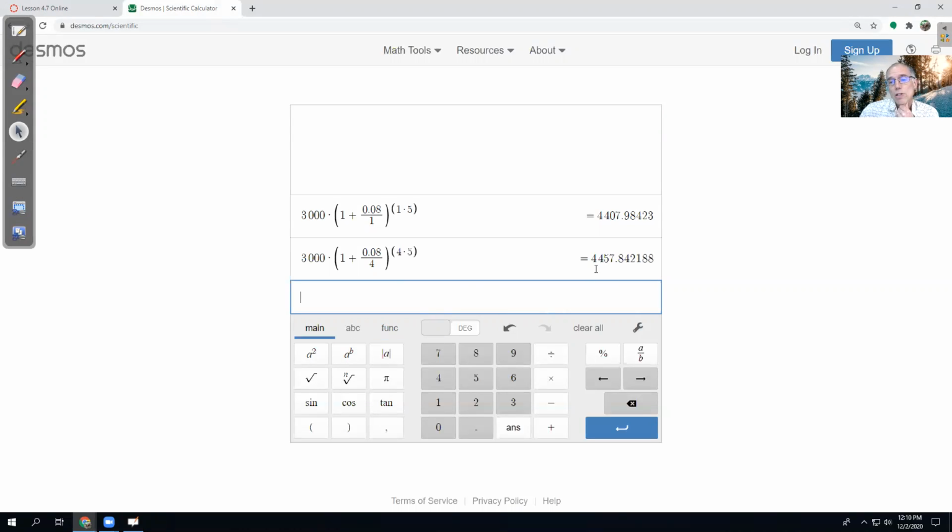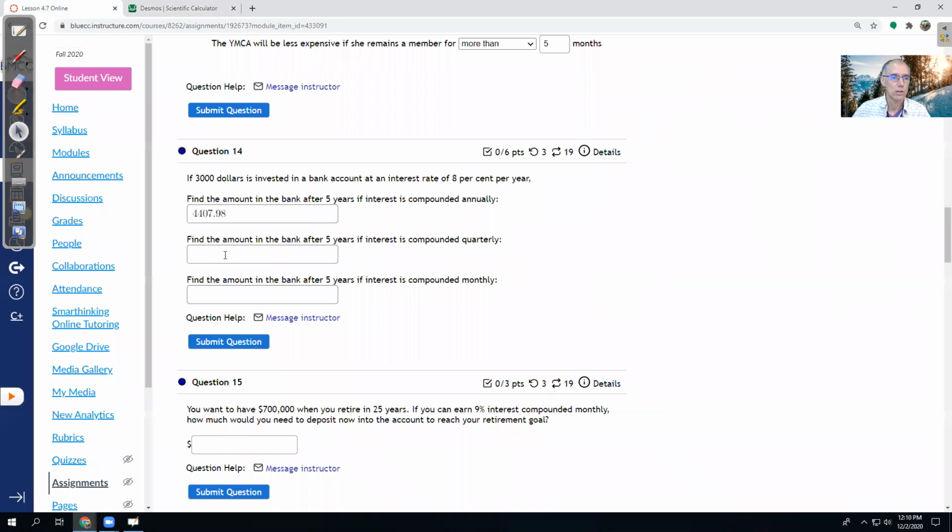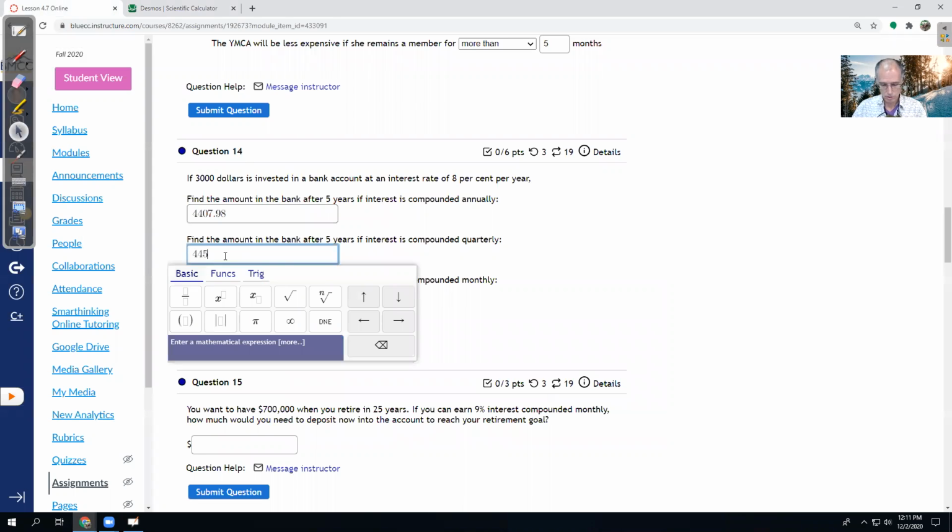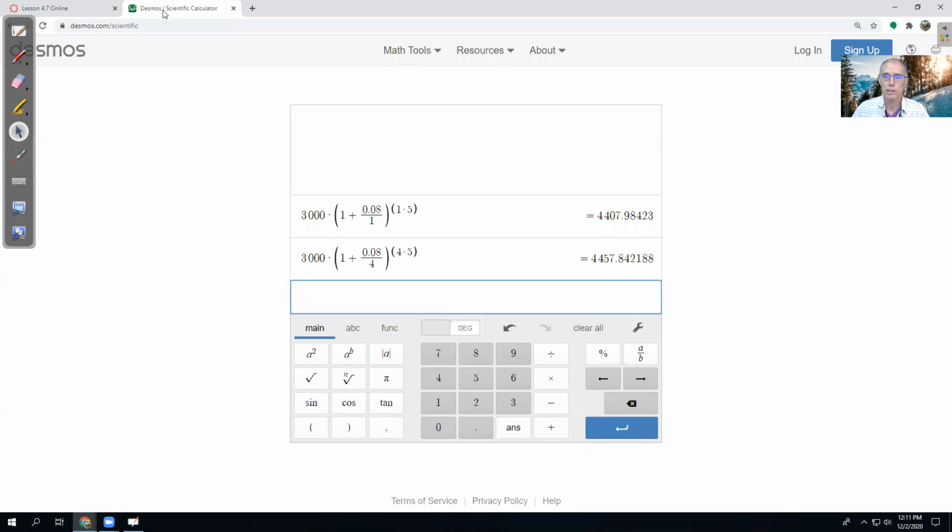So 4,457.84. So please double check that you can use your calculator well and get the same amount, because on the test, it's up to you to do that right. There is no second chance. If you have a problem with that, let me know. Make sure you round correctly. That looks good.